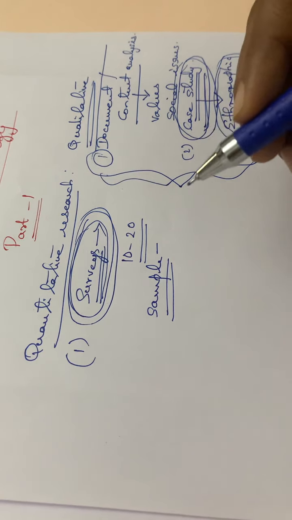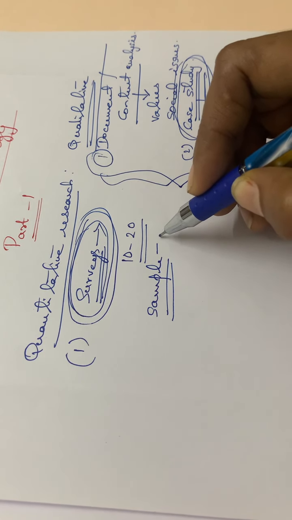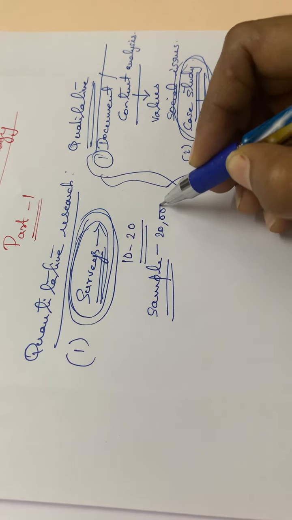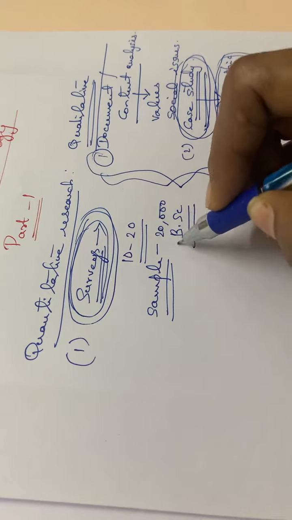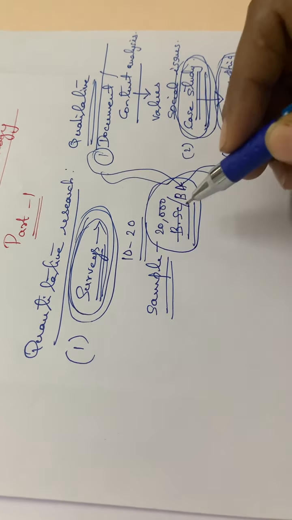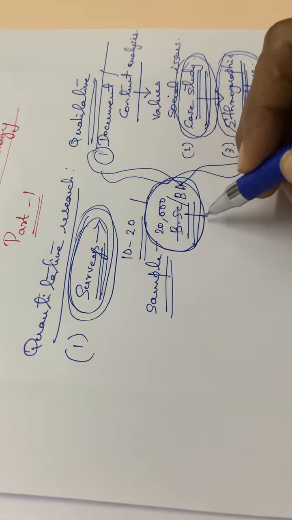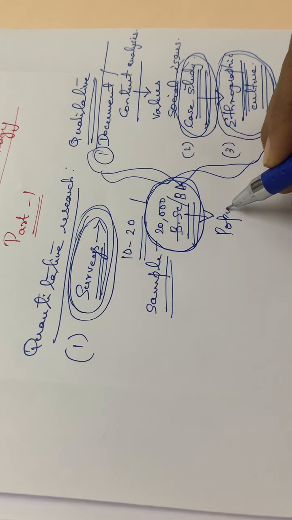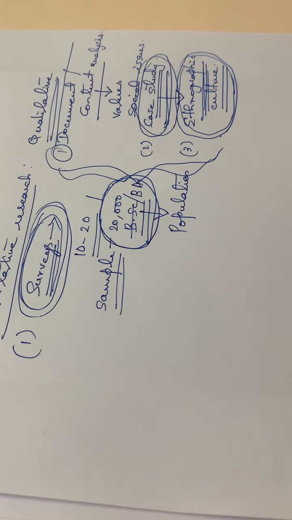Suppose in Thiruvananthapuram district there are say 20,000 BA or BSc degree students as a whole. That means total 20,000 students, and this comprises the population of final year degree students.